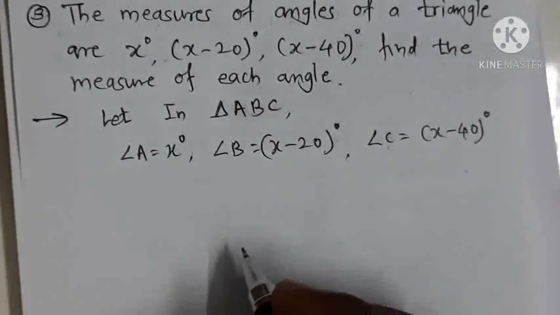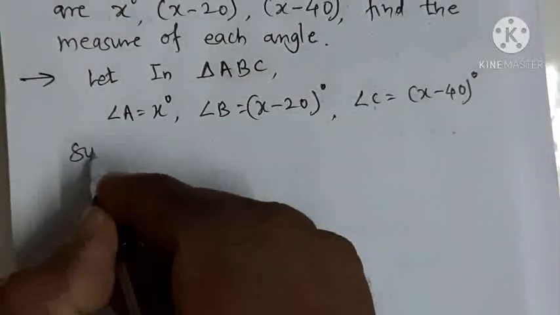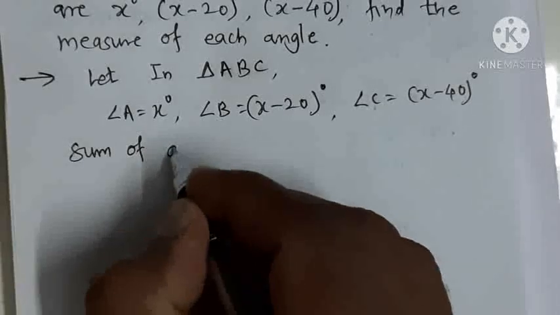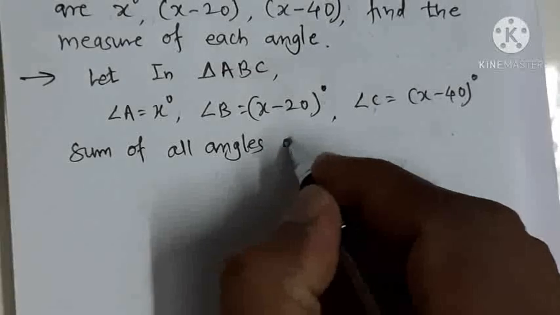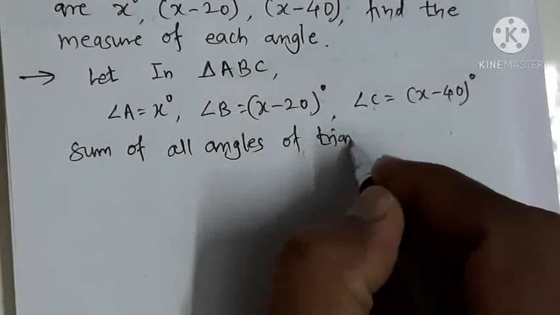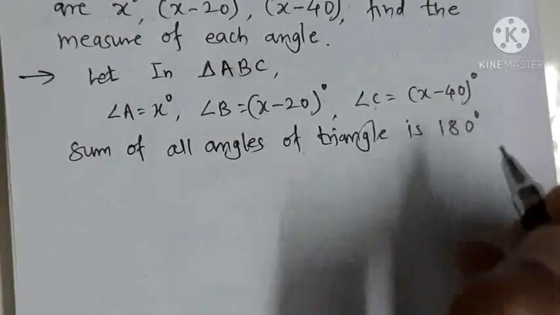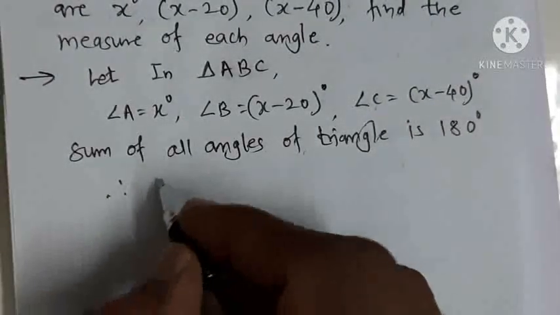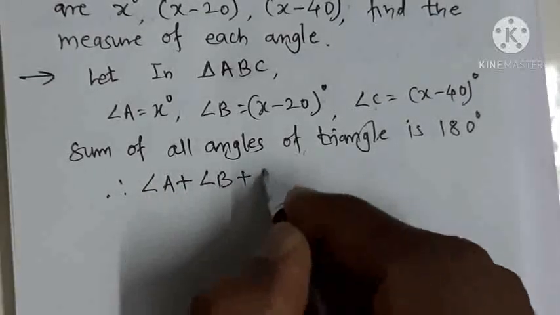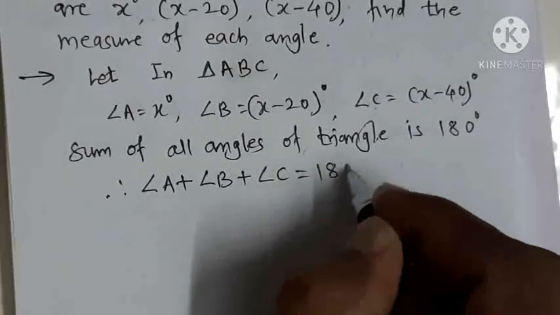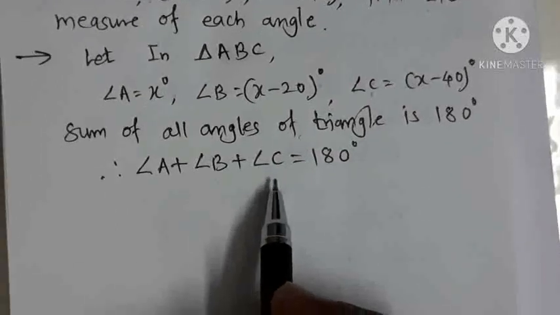Now use the property of the sum of the angles of a triangle. We know that the sum of all angles of a triangle is 180 degrees. Therefore, we write down the equation angle A plus angle B plus angle C is equal to 180 degrees.